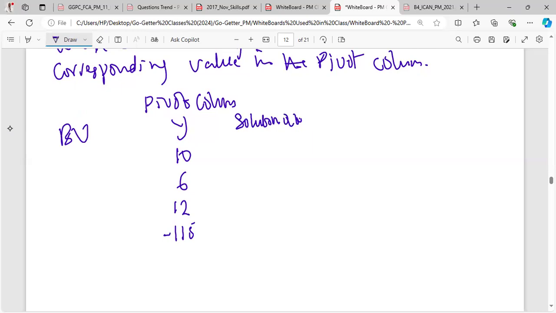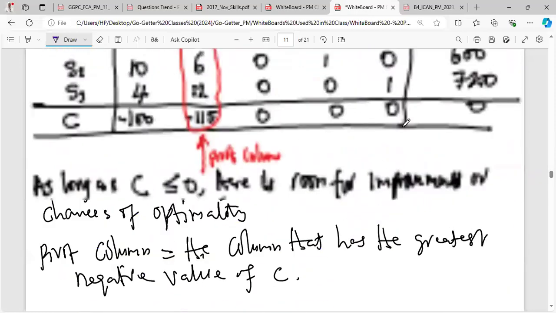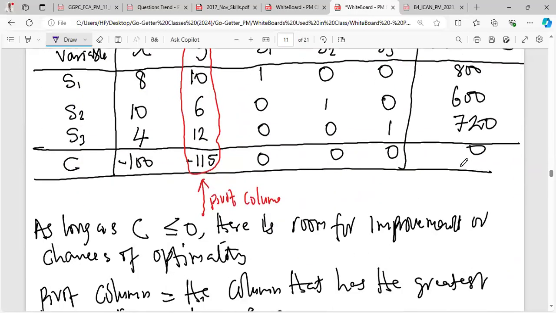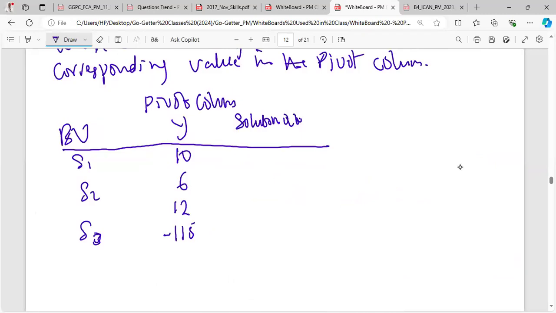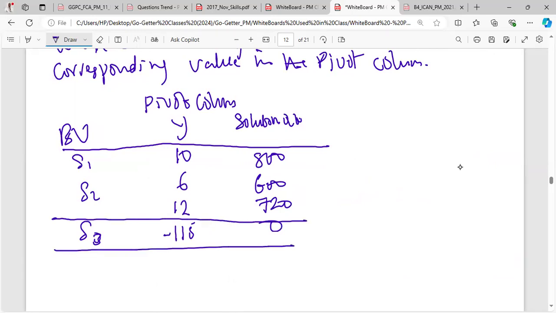And the basic variable we have here as S1, S2, and S3, with solution 800, 600, 720, and 0. So this is what we have. I'm just bringing them out here.